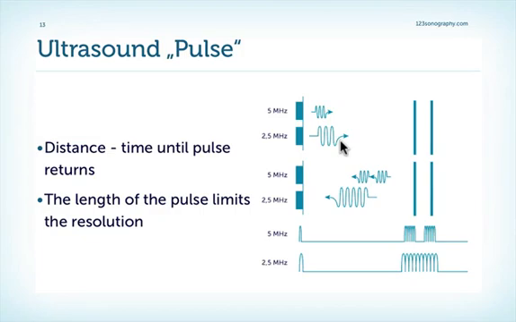But what influences now the intervals between the pulses? First of all, how far is the structure away from the transducer from which it is reflected? And then second, how high is the frequency we're using? Because if we use high frequencies, we have shorter wavelengths, and thereby we can make shorter pulses. So that also affects basically the intervals. This again explains why we have a better image resolution if we have high frequencies.